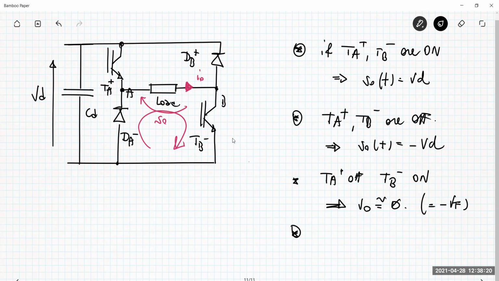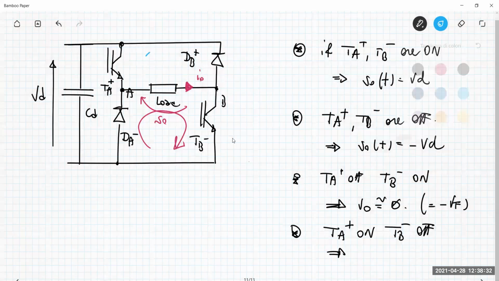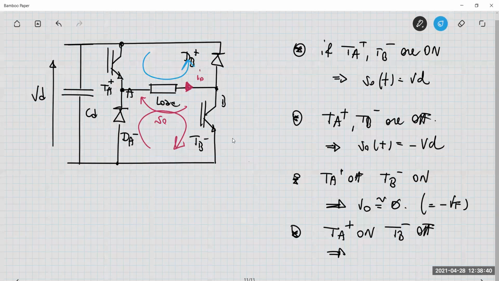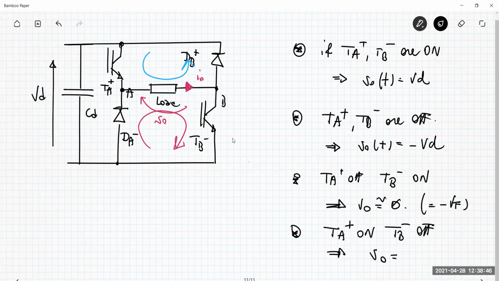What happens if TA plus is on and TB minus is off? Now the current flows in this mesh here, high side transistor and diode, but the same output voltage V0 is almost zero.